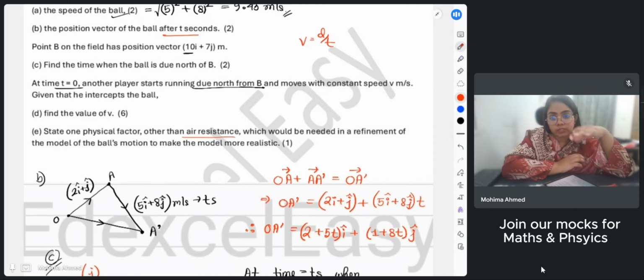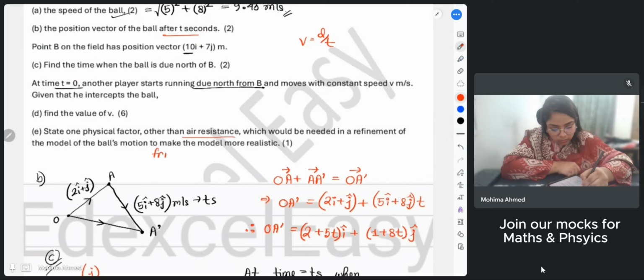So you can just write that friction between the player and the ground is present, or friction between the player and the ground should be taken into consideration. In that case, constant velocity could not be achieved by either of the players, right? That could be one of the possible answers. So I'm just going to write the answer over here, that friction should be taken into consideration.